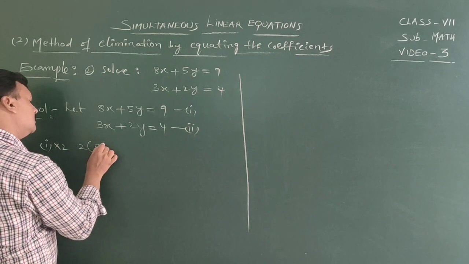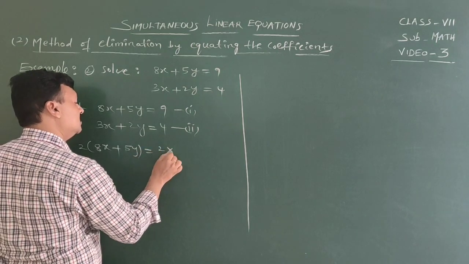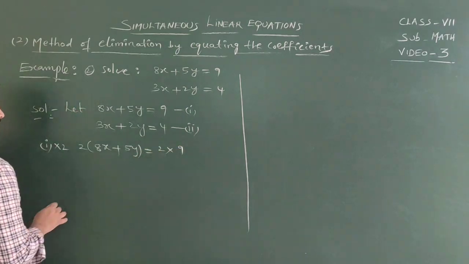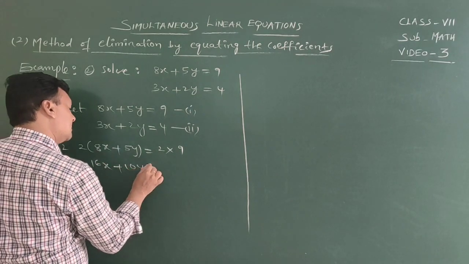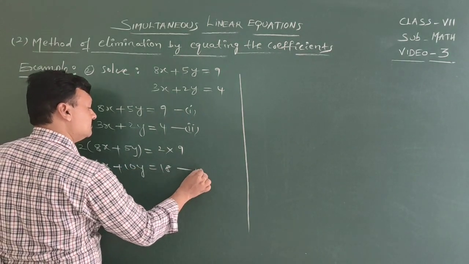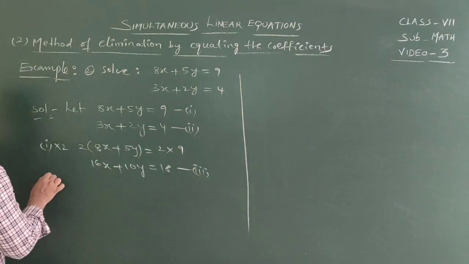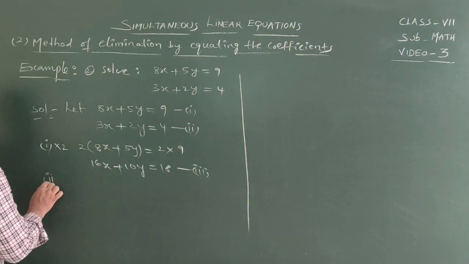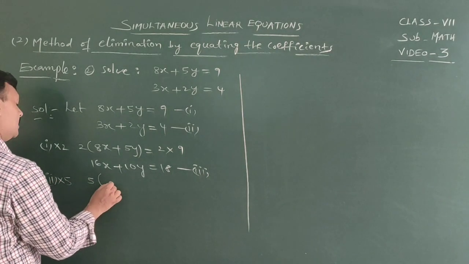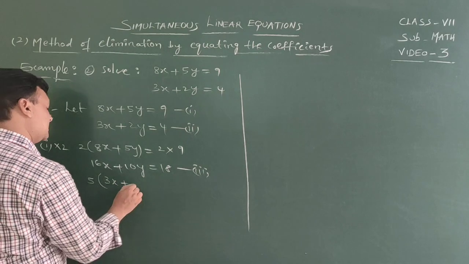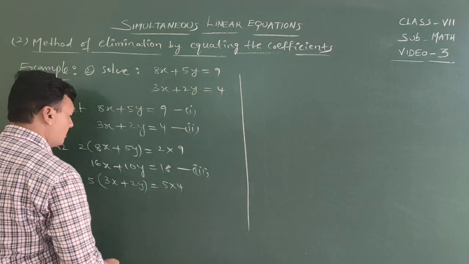So 2 of 8x plus 5y equal to 2 into 9. Then it becomes 16x plus 10y equal to 18. Third equation. Now second equation by 5. So 5 of 3x plus 2y equal to 5 into 4.